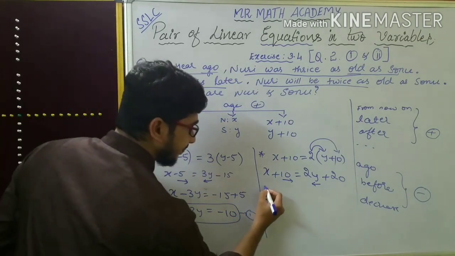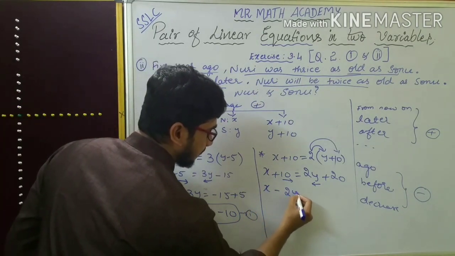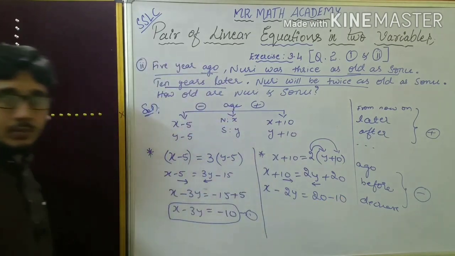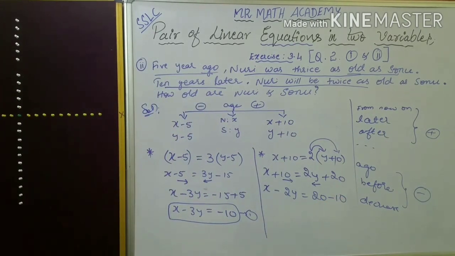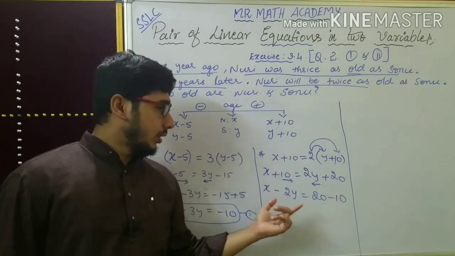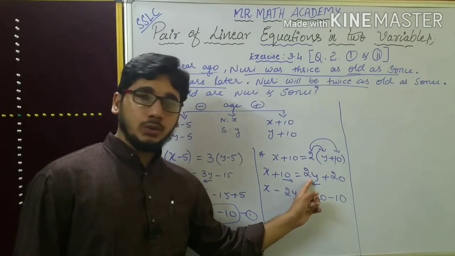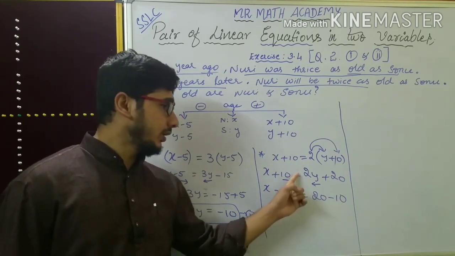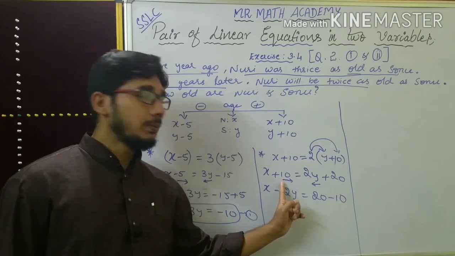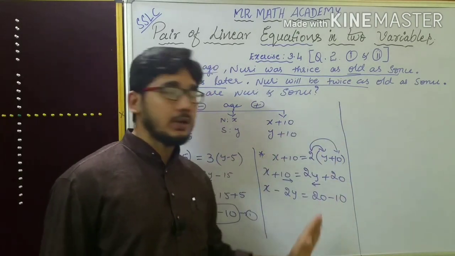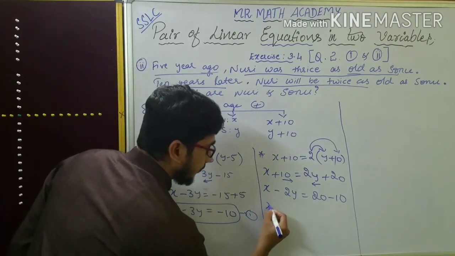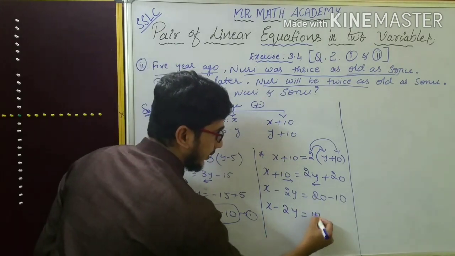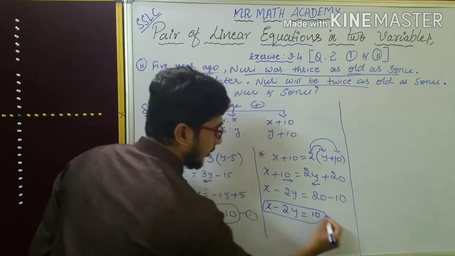So x as it is, 2y I took to the LHS so plus will become minus, minus 2y is equal to 20 as it is, plus 10 take to the RHS, it will become minus. So x minus 2y is equal to 20 minus 10, which is 10. Okay, this is equation number 2.